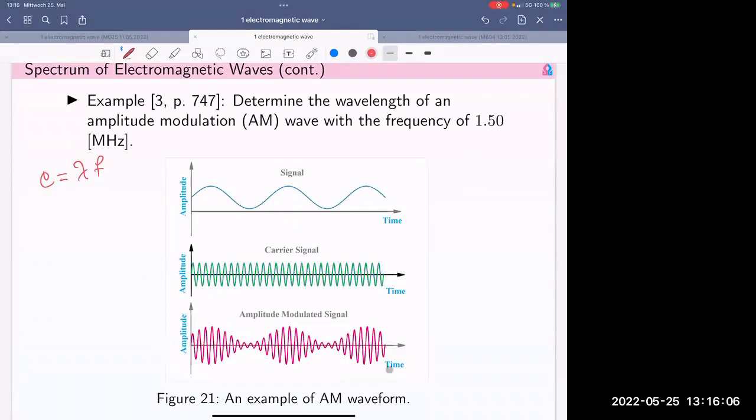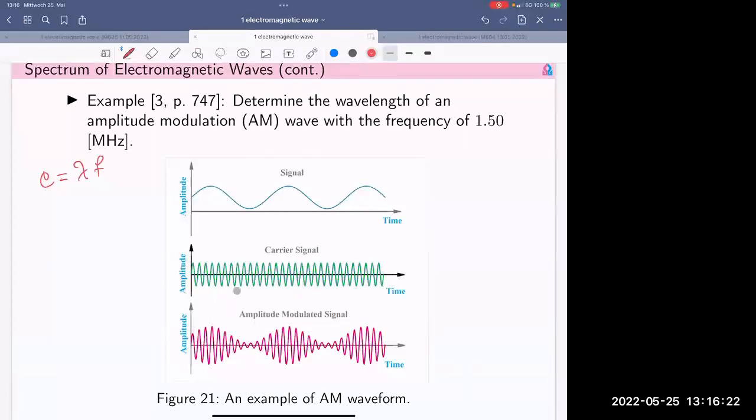The radio station transmits this to the receiver, and at the receiver they detect or decouple the information.